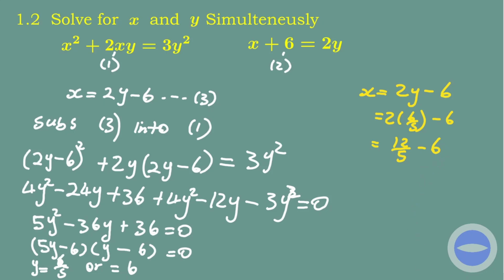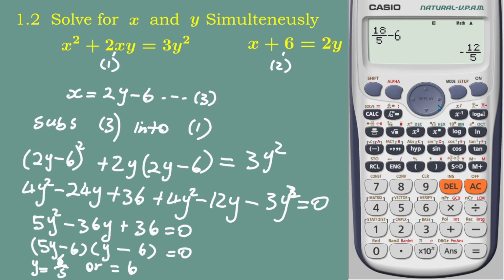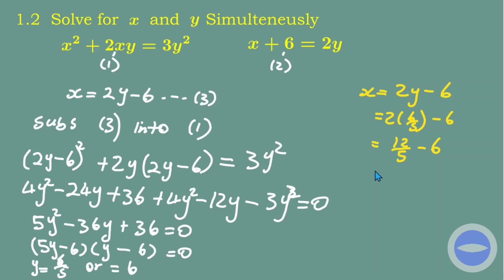To calculate this, I will take out a calculator: fraction 12 over 5 minus 6 equals negative 18 over 5. So the value of x equals negative 18 over 5.